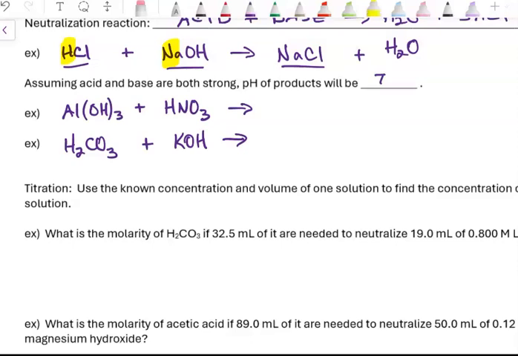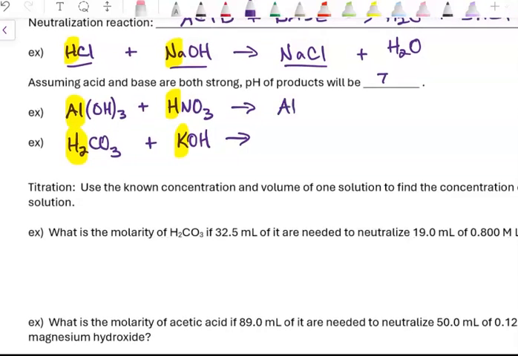Okay, so the first thing to do, just like any double replacement reaction, you're going to pick the positive ions in each one, and those are going to be the ones that trade places. So aluminum would now be paired with nitrate, and the other product would be HOH, which of course we can write as H2O.